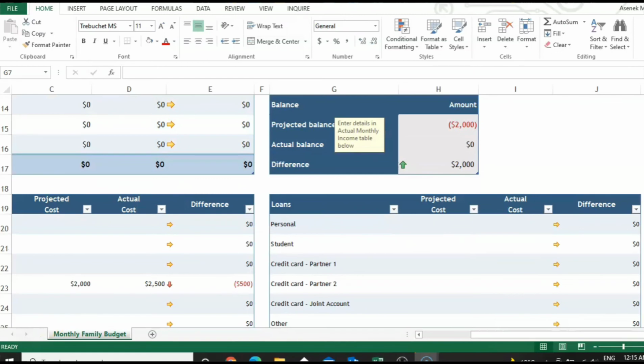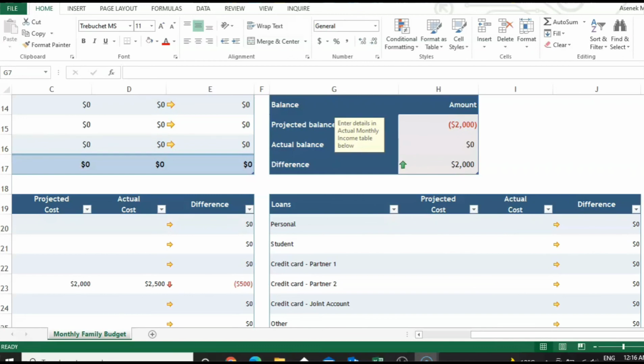Now that you know how to create a budget, learn to stick to it and improve on it as you go. Three tips to help you stick to your budget and improve on it: limit your spending to what is in your budget. Also, try to update your budget with any changes. For example, if you have a pay increase, a bill increase, or whatever changes you have, try to include that in your budget.